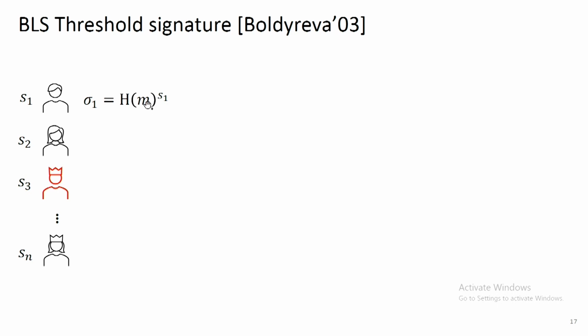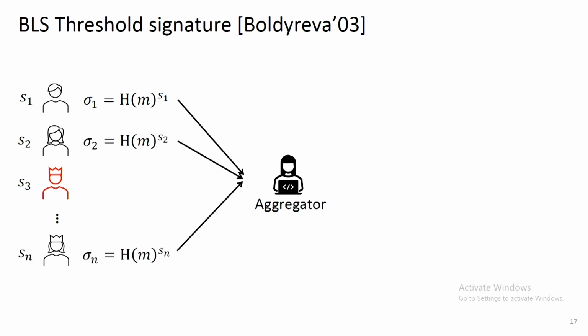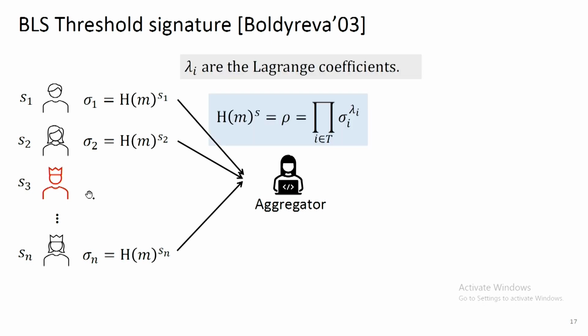You can think of this as some deterministic operation that every party computes locally, and then they send these sigma I values to an untrusted aggregator. The untrusted aggregator combines them to get this term rho, and we use rho as the VRF output.